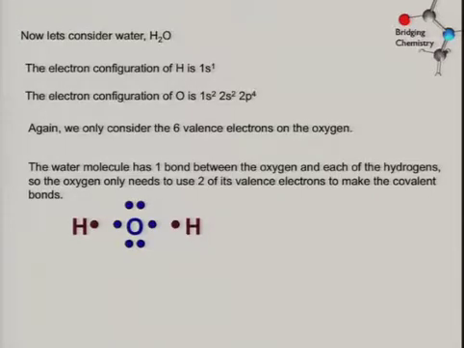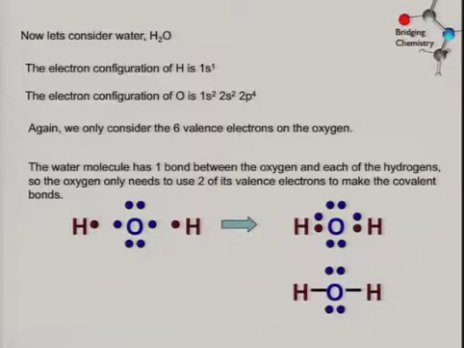You might worry that they repel each other, but nonetheless they like being in pairs. Right? So we draw those as 2 pairs up there, and then we have these 2 other electrons which we're going to use to share with the hydrogens to make these covalent bonds.